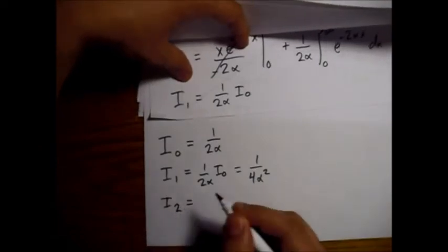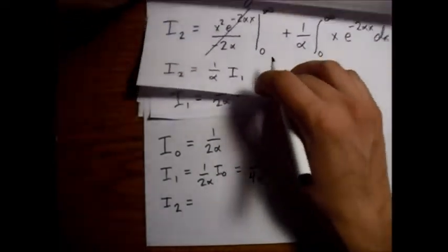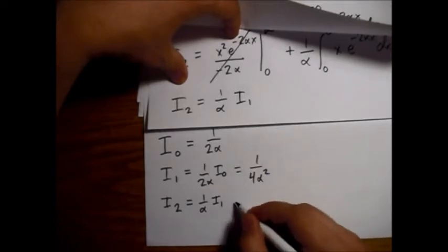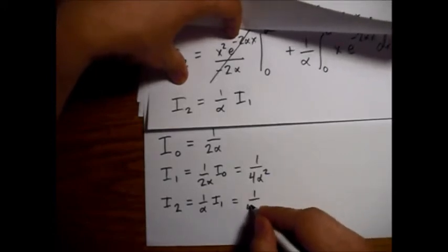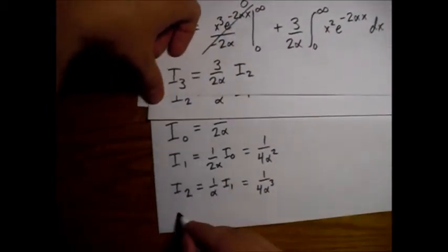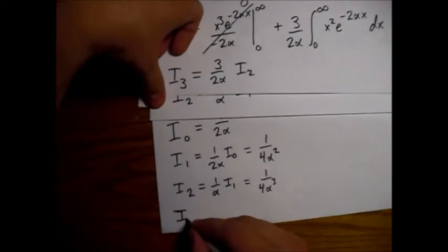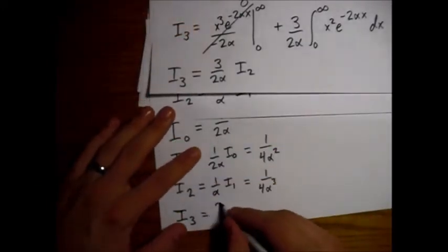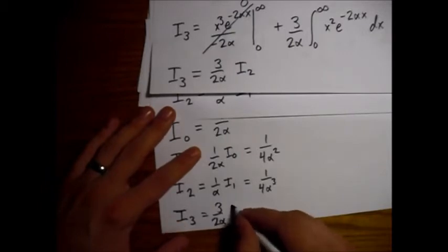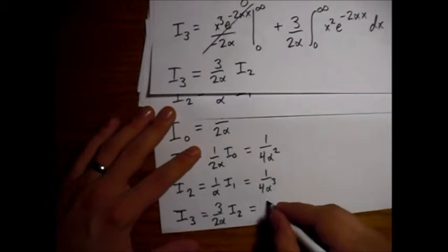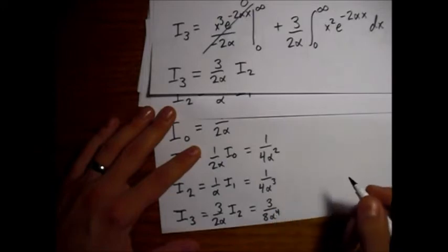I2 is equal to 1 over alpha I1, which is equal to 1 over 4 alpha cubed. And finally, we have I3, which is equal to 3 over 2 alpha I2, which gives us 3 over 8 alpha to the 4th.